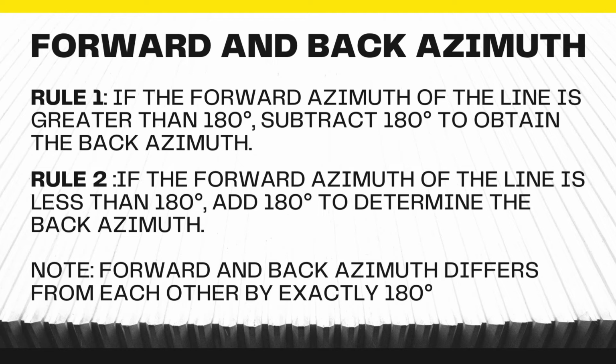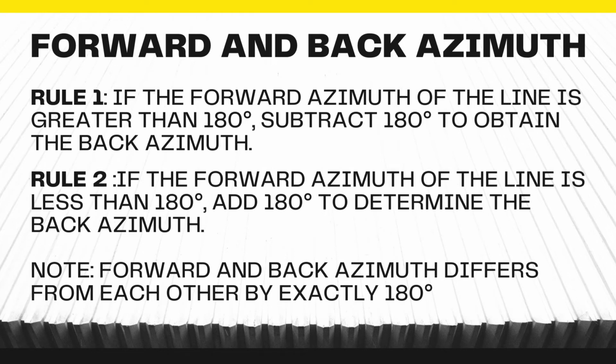The next rule, on the other hand, tells us that if the forward azimuth of the line is less than 180 degrees, then we need to add 180 degrees instead of subtracting it to determine the back azimuth.